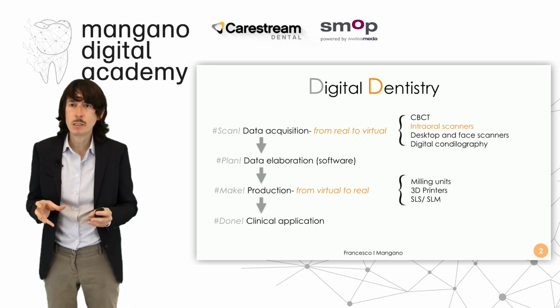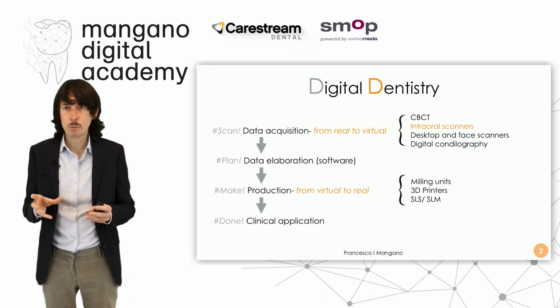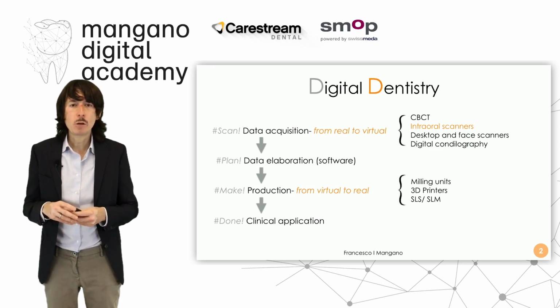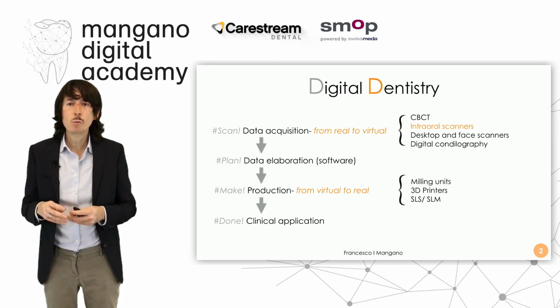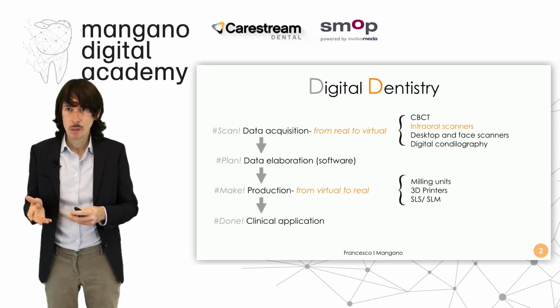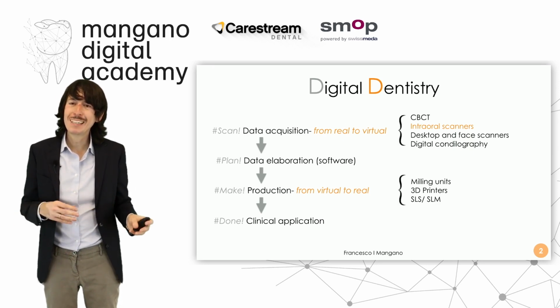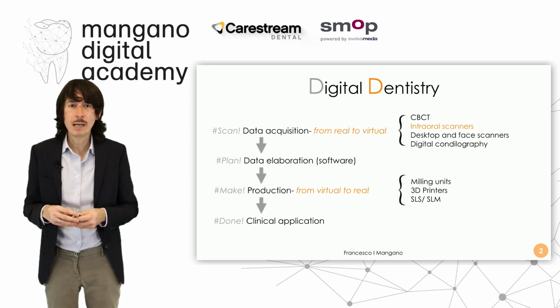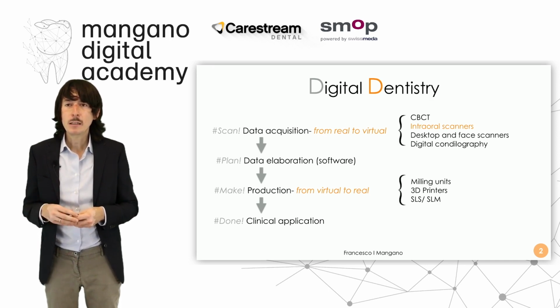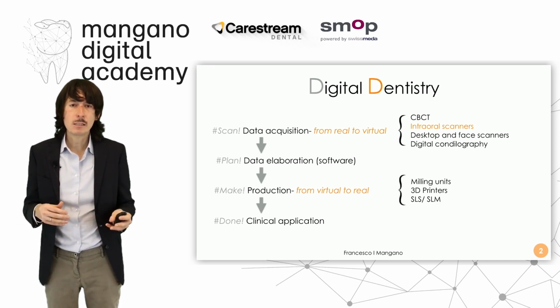Then when we have modeled our prosthetic restoration in the computer-assisted design software, our bridges, our full arches, then we can make them. And we can shift once again from the virtual to the real world by using very powerful devices and machines like milling units, 3D printers, and selective laser sintering and selective laser melting machines.